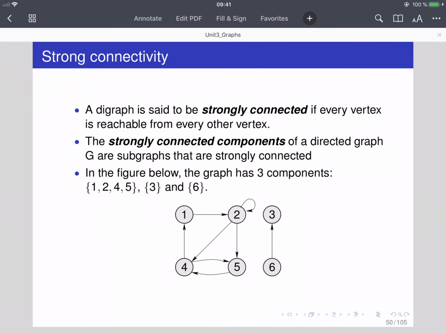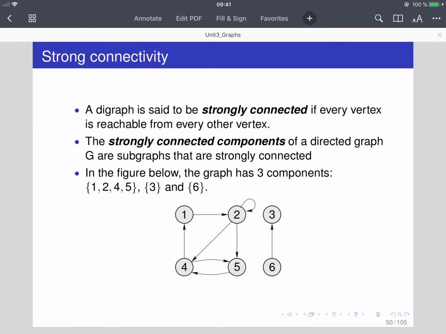But in directed graphs, this may not be the case. For instance, in the graph that we have in the diagram, we can see that 3 is reachable from 6, but 6 is not reachable from 3. There is no path from 3 to 6. So here we have a different notion, a different concept, what we call strongly connected components.